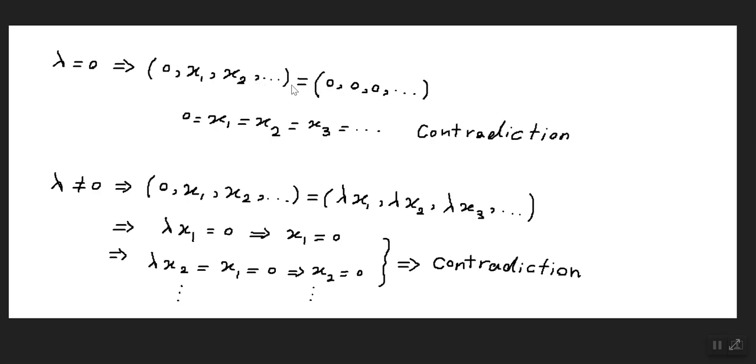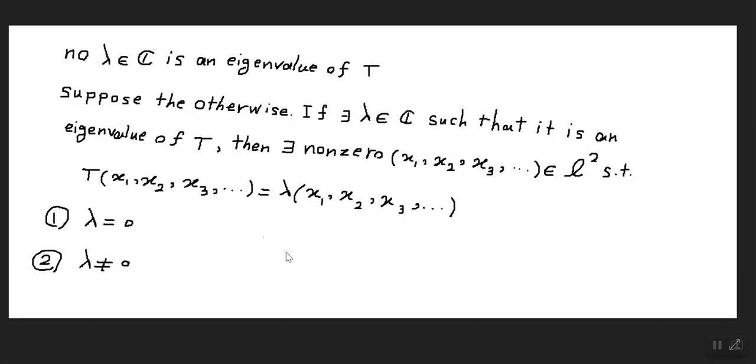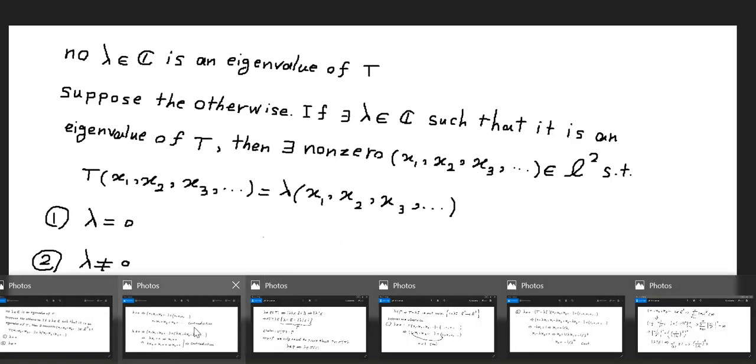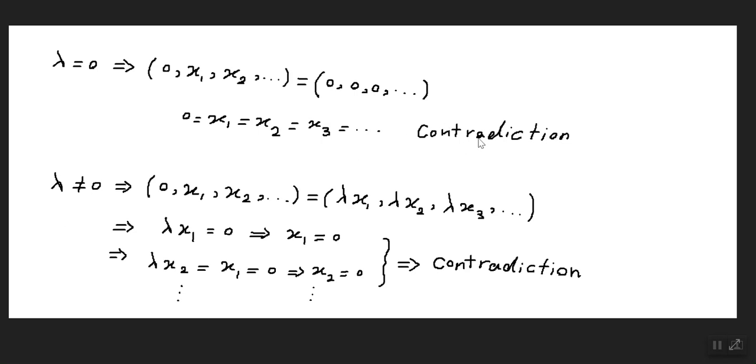Comparing the left and right hand sides, x1 must be 0, x2 must be 0, so each xi is 0. And this is a contradiction, because we said there is a non-zero element, which means at least one component is non-zero.